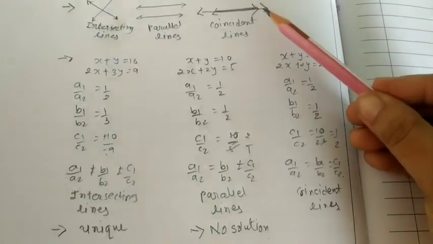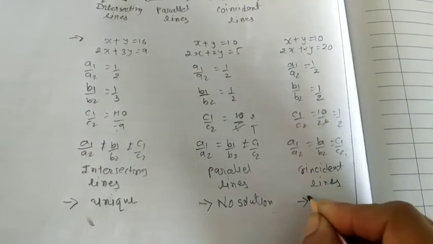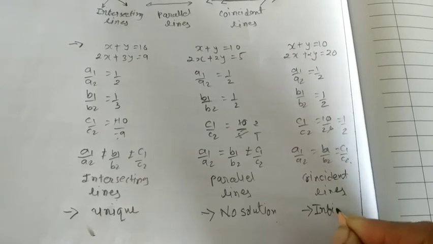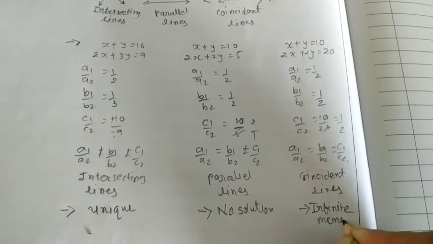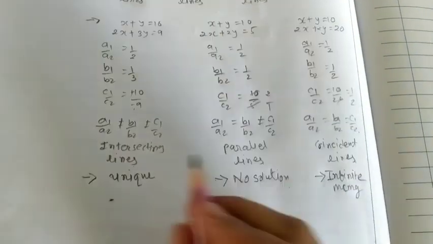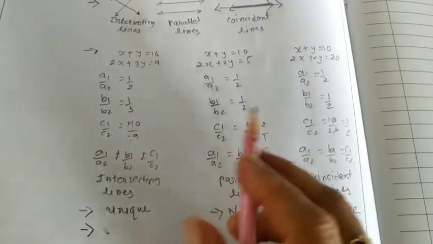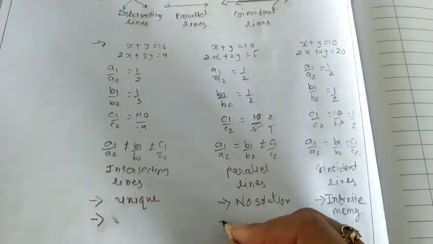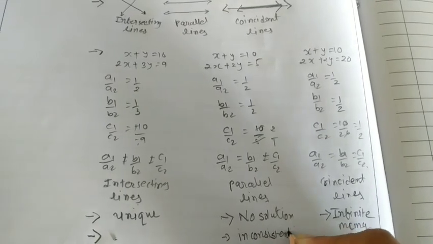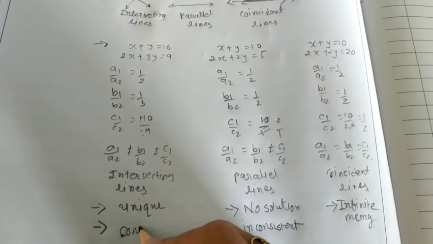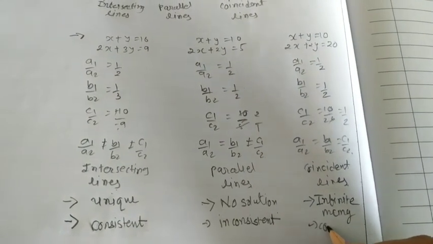Coincident lines meet at all points, so they have infinitely many solutions. As for consistent or not consistent, only parallel lines are inconsistent. The intersecting lines are consistent, and coincident lines are also consistent.